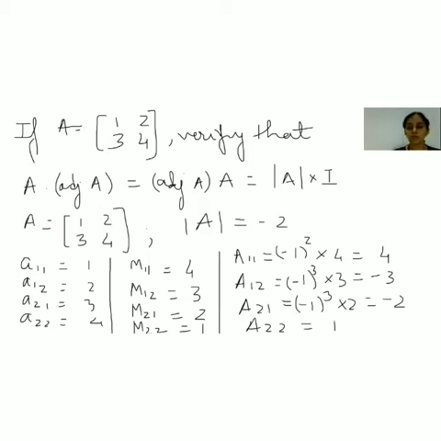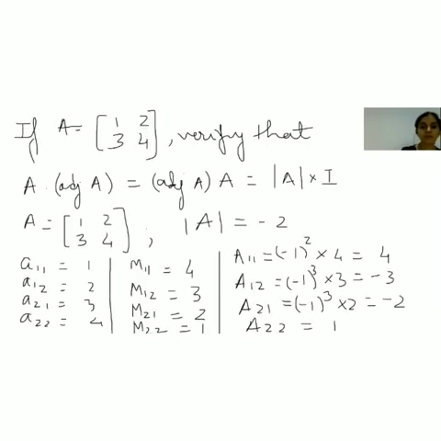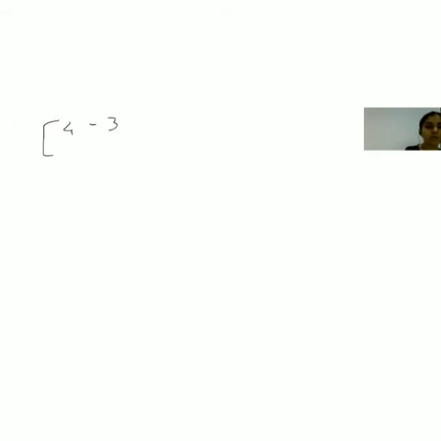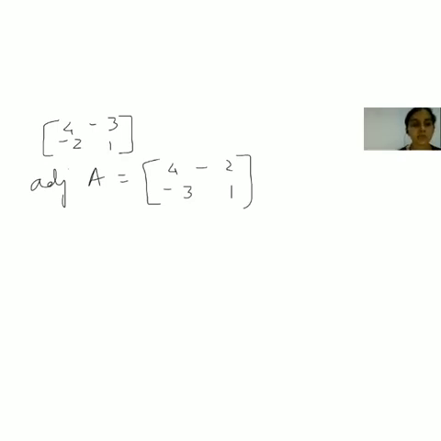So the matrix of cofactors will be 4, minus 3, minus 2 and 1. Adjoint of A is equal to 4, minus 2, minus 3 and 1. We've taken the transpose of the above matrix.